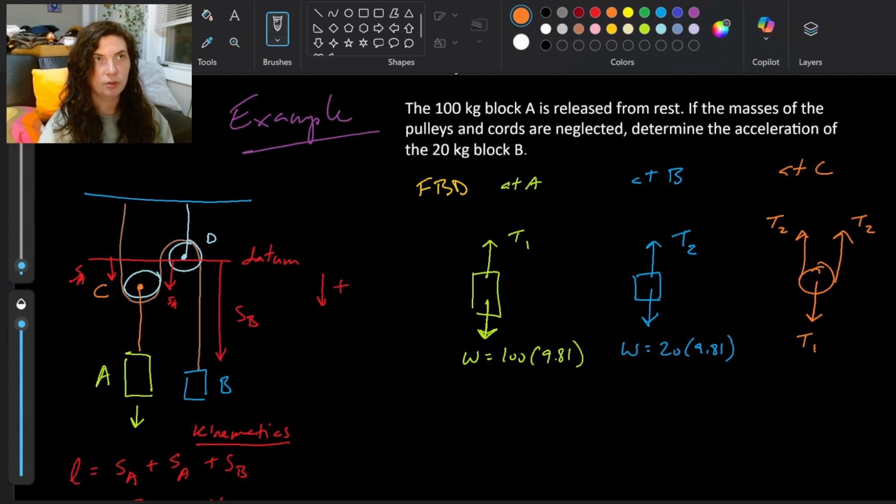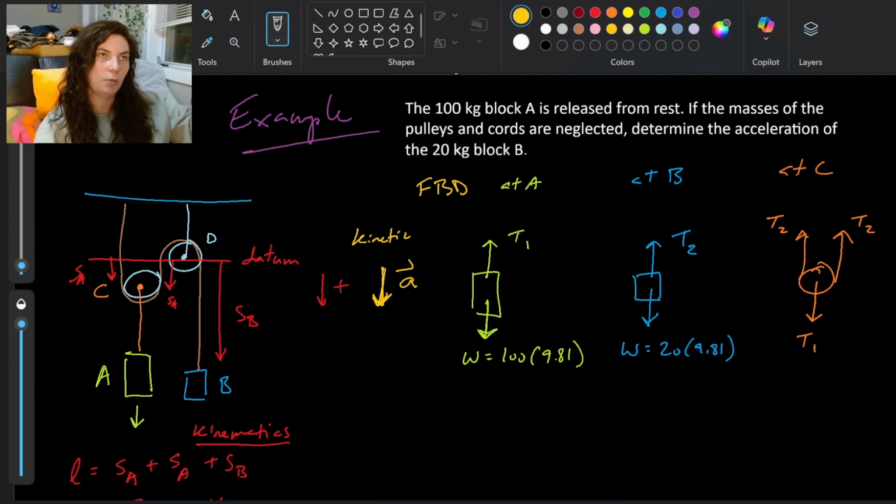So now I'm going to note my kinetic diagram. For my kinetic diagram, I'm just going to assume acceleration downwards, a blanket statement. We said that downward is the positive direction, and that's what we're going to assume.